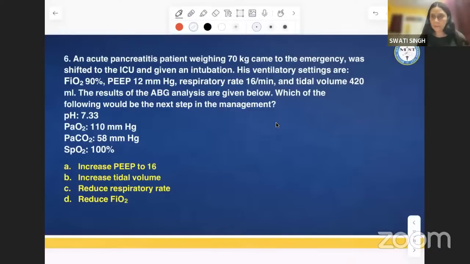The result of the ABG analysis is given below. Which of the following would be next step in the management? ABG pH was 7.33, PaO2 was 110, PaCO2 was 58, and SpO2 was 100%. So what would be the next change which we will do in management of this ventilatory setting? So I'm getting the answers.